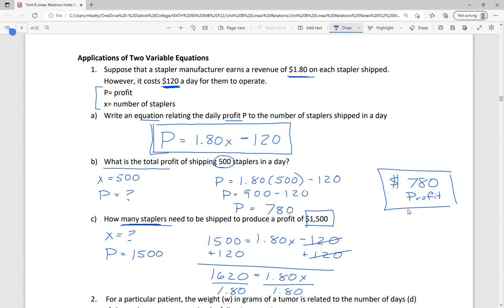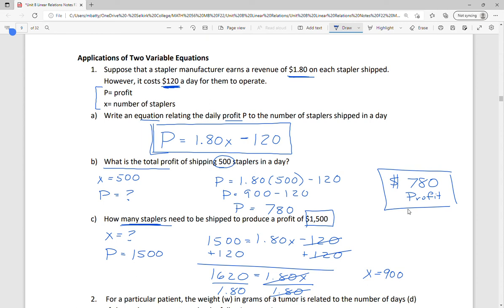Hopefully that hasn't thrown you, but I left the x's on this side. Up to this point, we've always been putting x's on the left and numbers on the right, but it really doesn't matter. If you isolate it just to one side, that's fine. And in this case, it's a lot easier than having to move everything all over the place and getting a whole lot of zeros. So on my calculator, 1,620 divided by 1.8 gives me x equaling 900.